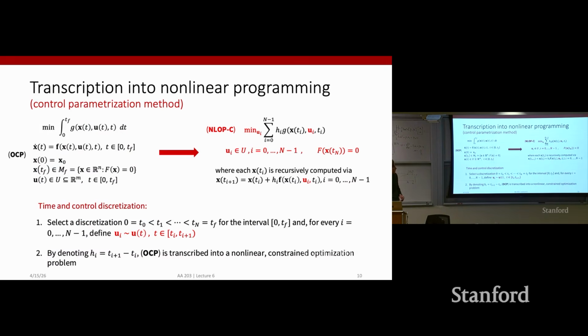In this other formulation, the states are recursively computed, and so handling state constraints is much more challenging. And so at a very high level, more generally, I would say that if you have complex state constraints, then I would go for the state and control parameterization.